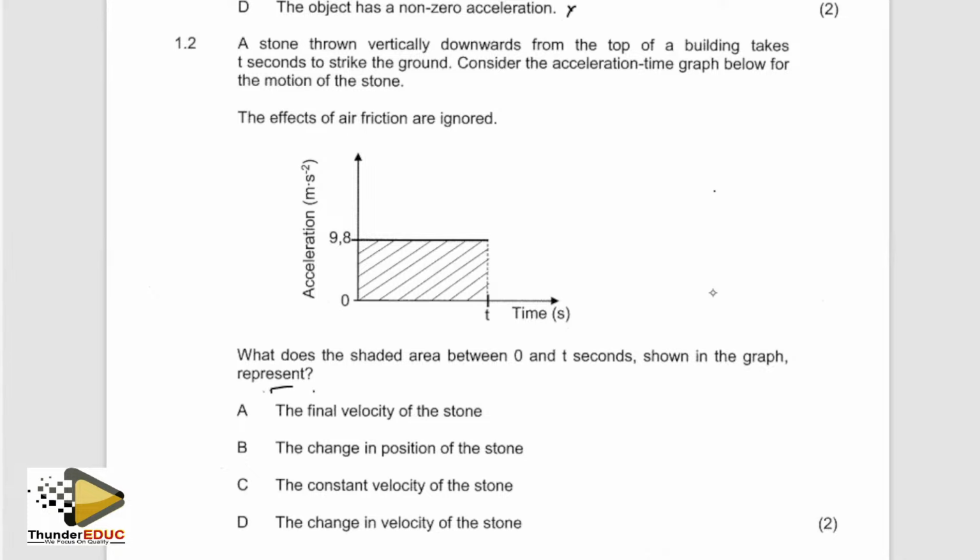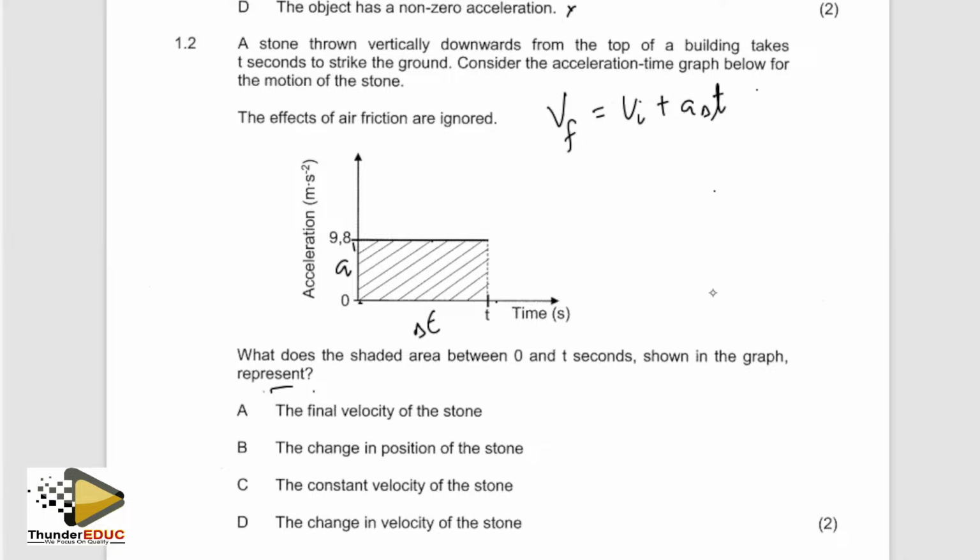We can use the first equation of motion, where Vf is equal to Vi plus A delta t. Now, when you talk about the area under the graph, this is the acceleration, and this side is basically the change in time.